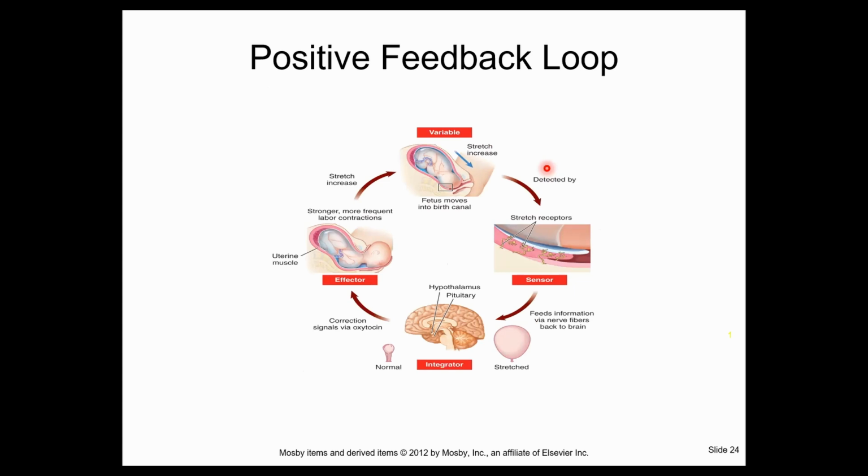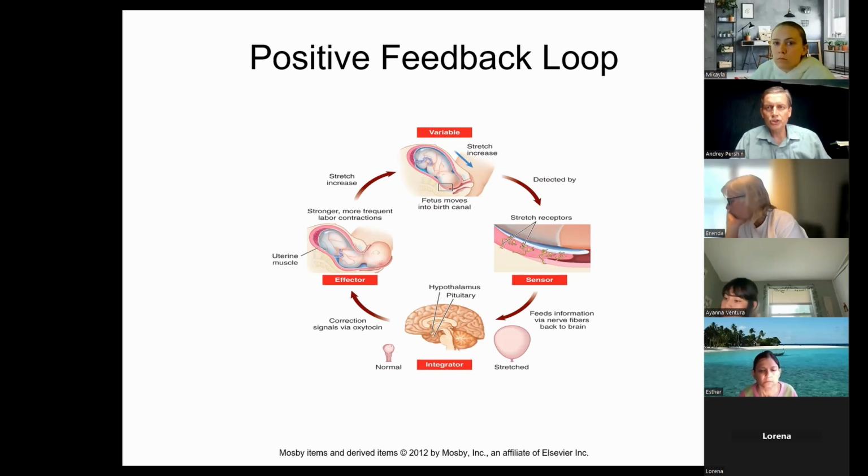And for example, during the delivery, during the birth, as the contractions begin, the last thing you want to happen is for those contractions to what? Stop, right? That would be the last thing you want to have. In fact, you want those contractions to get as strong as they can so that it would all go happy within 30 minutes, right?